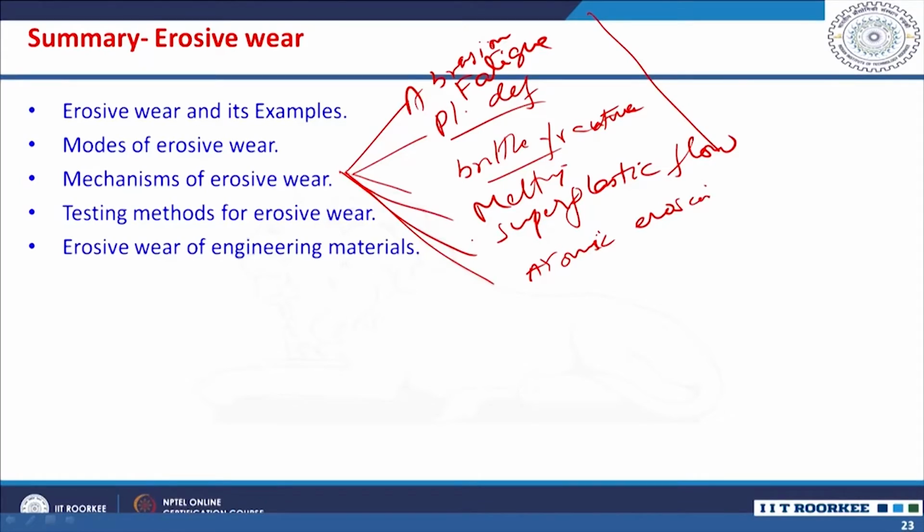So, these factors affect the erosive wear. We have also seen several examples of engineering materials: metals, ceramics and polymeric materials. In all these conditions, for ductile materials E by H is a more important parameter than simply H, or for a brittle material the fracture toughness dominates more than the hardness.